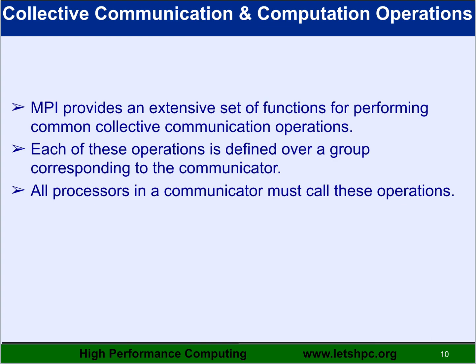If you remember, a communicator is basically a group of processes, and we can define a communicator which consists of all the processes. By default, MPI COMM WORLD is the default communicator, or we can create communicators with a smaller number of processes. All processes in a communicator must call these collective operations. So I'll look into some of the important collective communication calls.